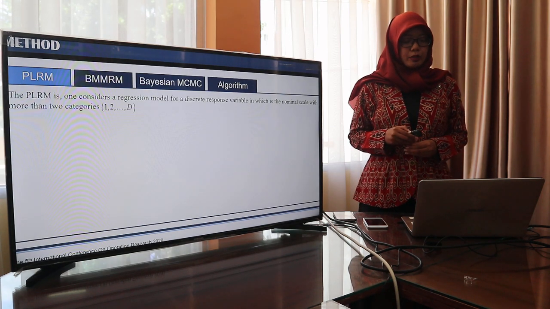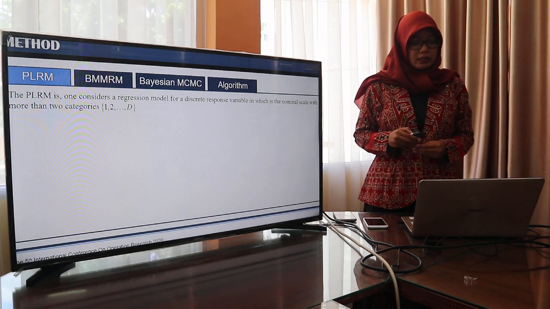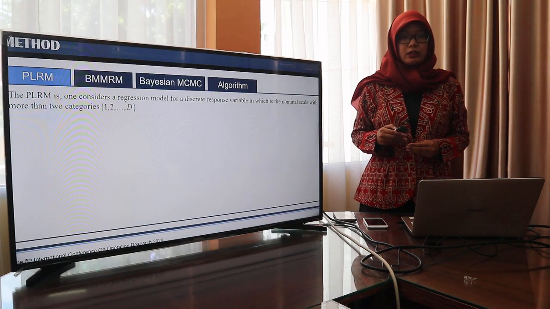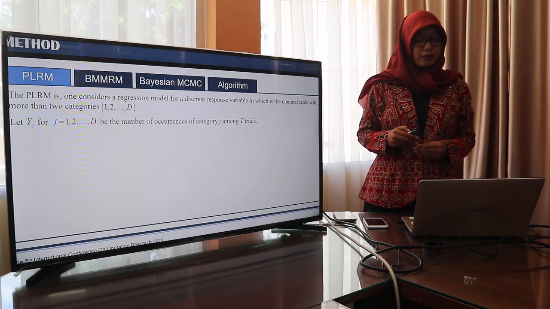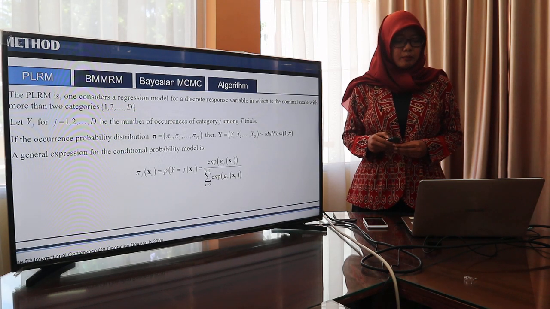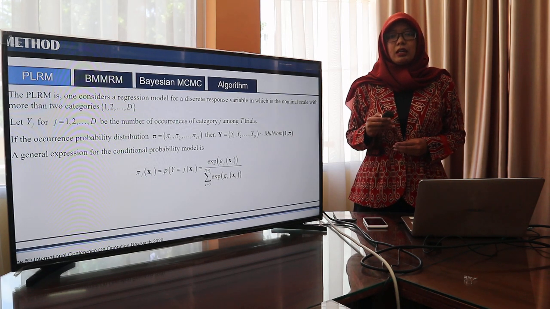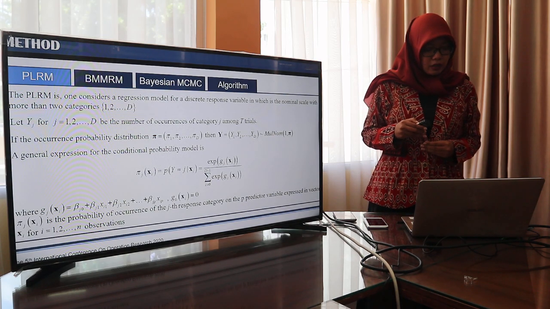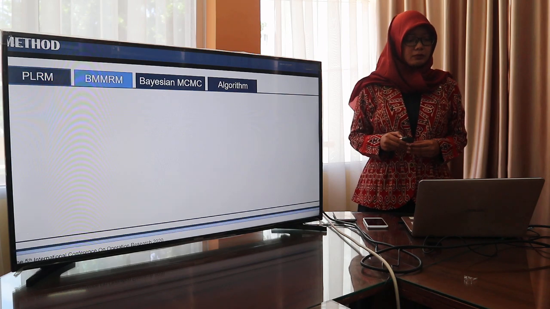Polytomous logistic regression model is a regression model for a discrete response variable with a nominal scale with more than two categories. Let Yg be the number of occurrences of category g among t trials, and a general expression for the conditional probability of PMRM is as follows, where Pg is the probability of occurrence of the g response category on the p predictor variables.